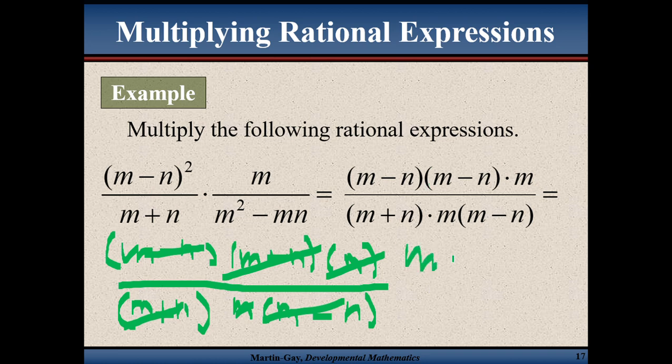Yung M minus N multiplied by... Wait, we have to check. Actually, dalawa kasi itong M nga pala. So, this is minus. Kaya natira yun.